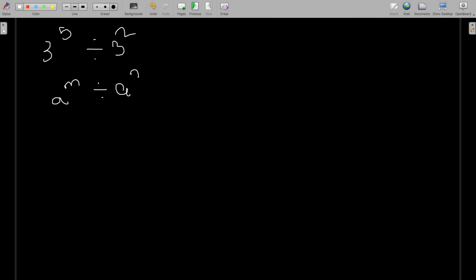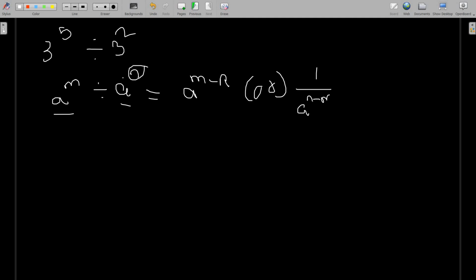Here the bases are the same. In case 1, if m is greater than n, we write m minus n. If m is less than n, we write 1 by a power n minus m.